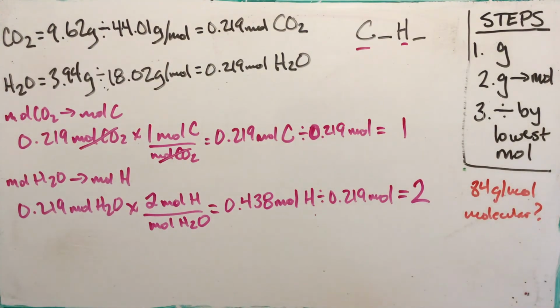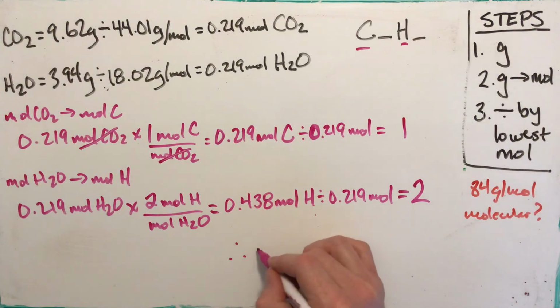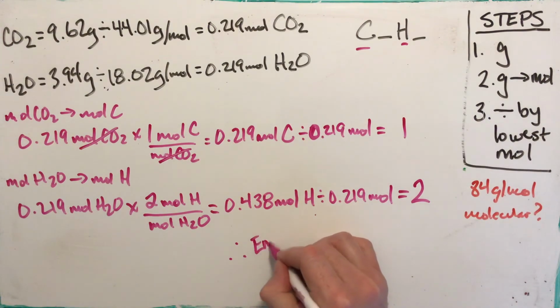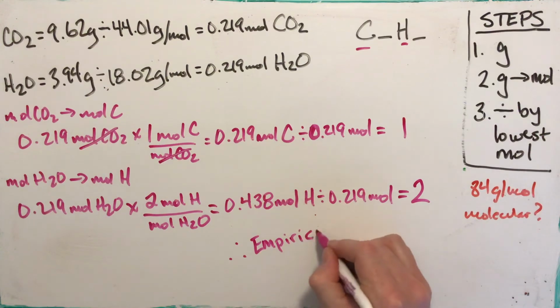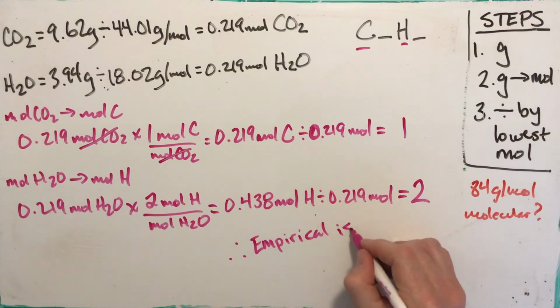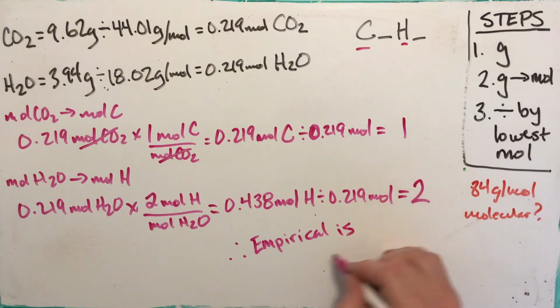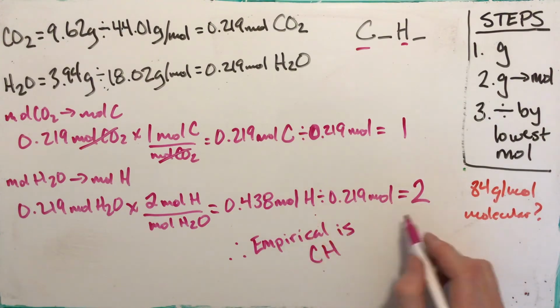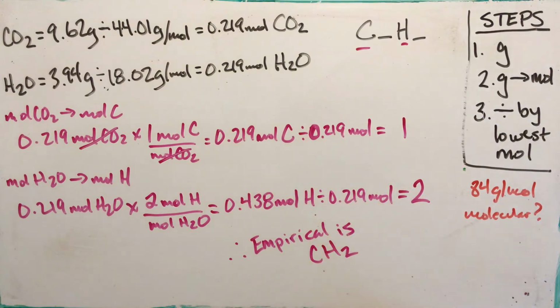No decimals or anything here. So therefore, my empirical formula is C1H2. Now, the question did not ask me for my empirical, but I need my empirical to get my molecular.